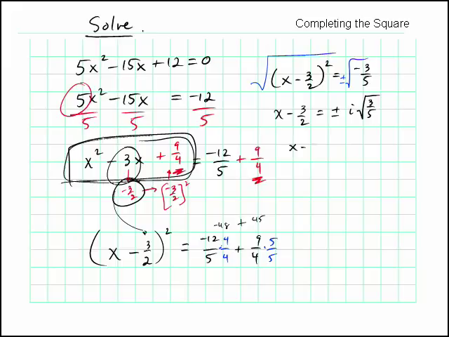Of course I want to rationalize that though. That's square root 3 over square root 5. To rationalize this fraction, I have to multiply it by square root 5 over square root 5. That will give me x minus 3/2 equals plus or minus i square root 15 over 5.